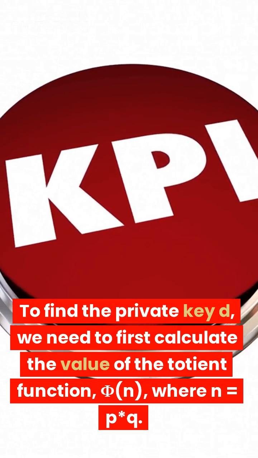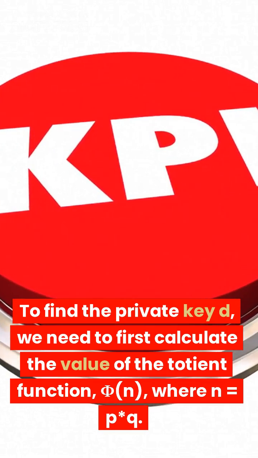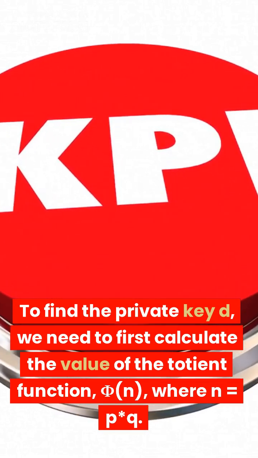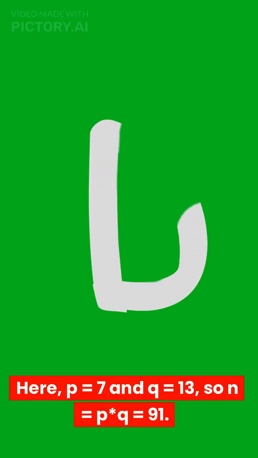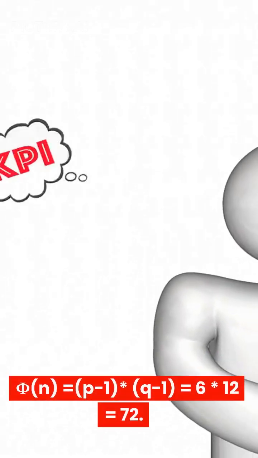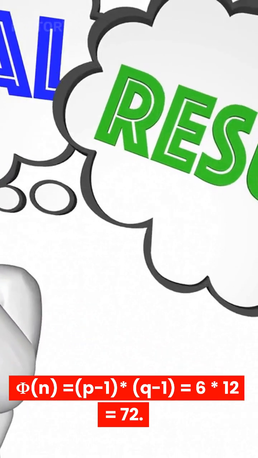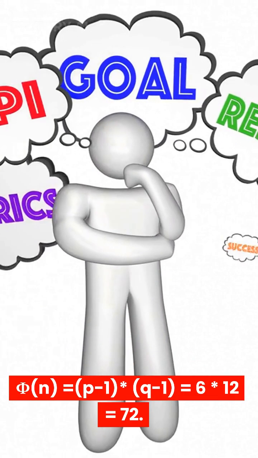To find the private key D, we need to first calculate the value of the totient function, phi(n), where n equals pq. Here, p equals 7 and q equals 13, so n equals pq equals 91. Phi(n) equals (p-1) * (q-1) equals 6 * 12 equals 72.